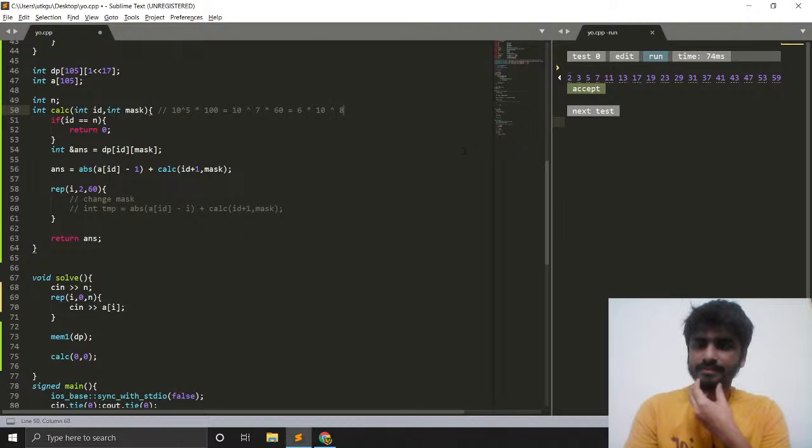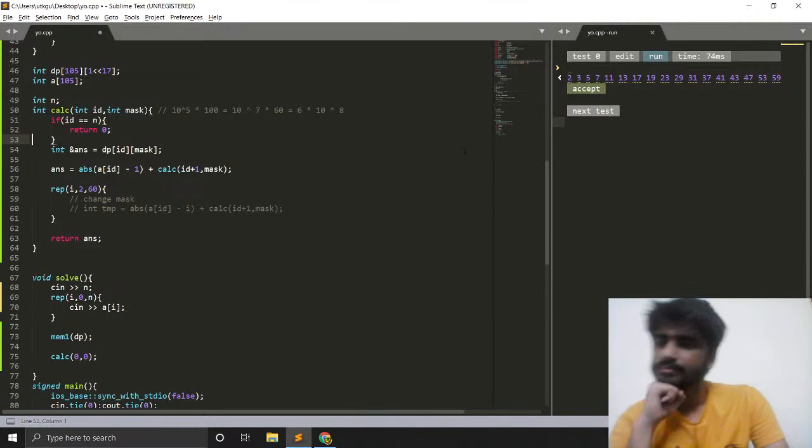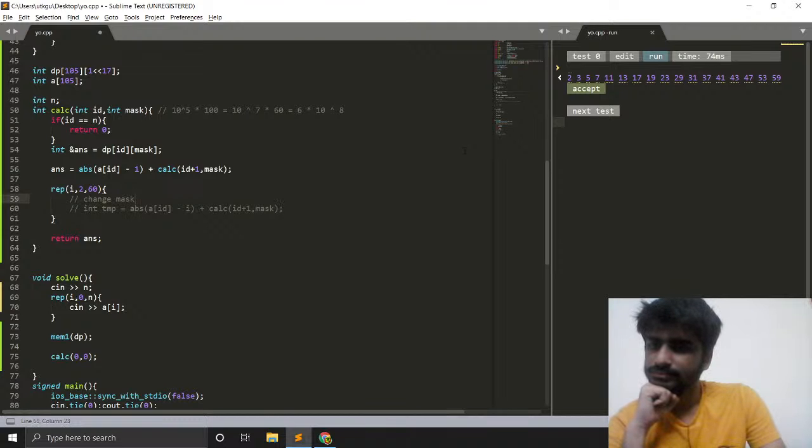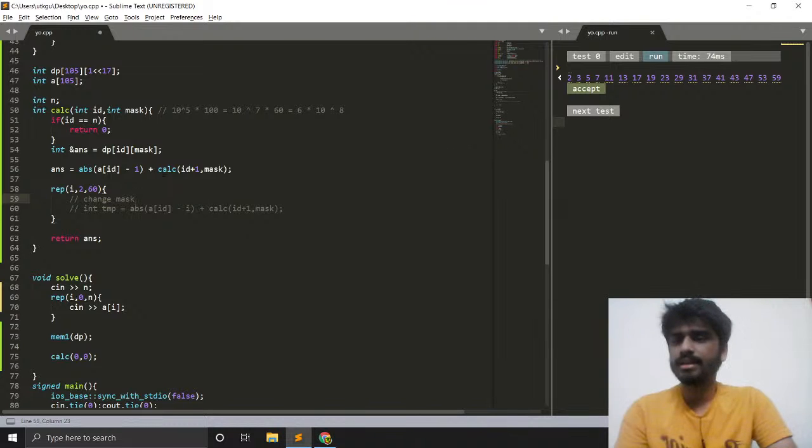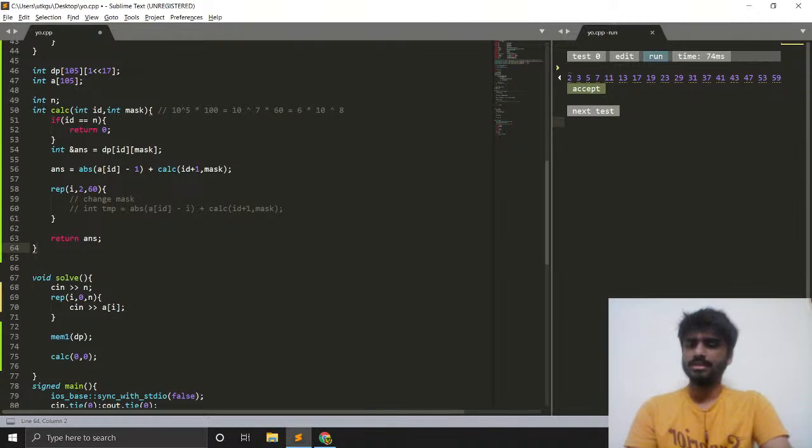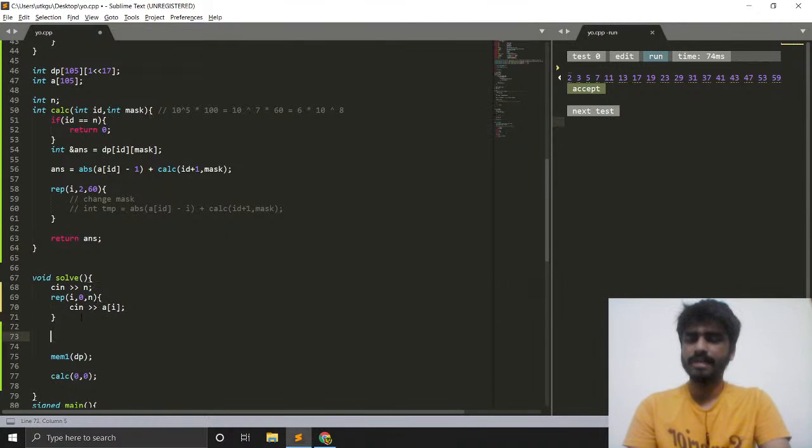So that's bad. Right, we can pre-compute the mask for each term. Yeah, that will be better.